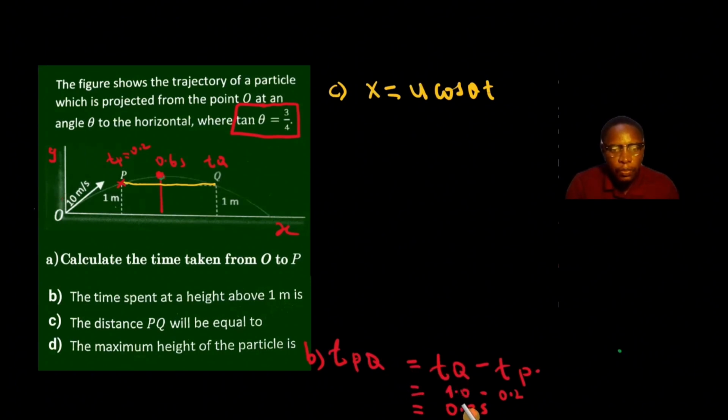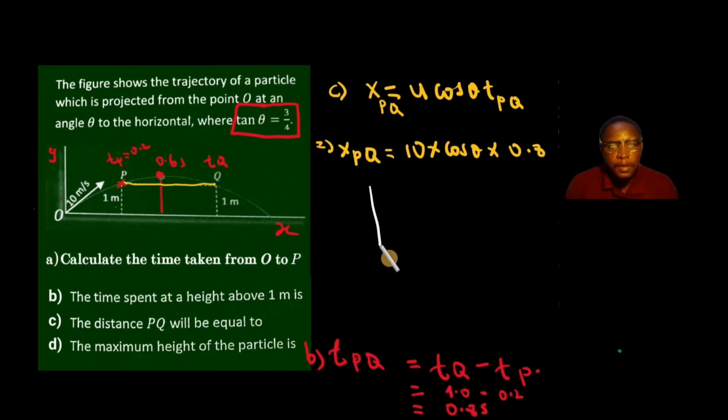That's the time we obtained in B. Let's say this distance from here to here is distance x PQ. So the distance x PQ will be the speed, which is 10, times cos theta times 0.8.